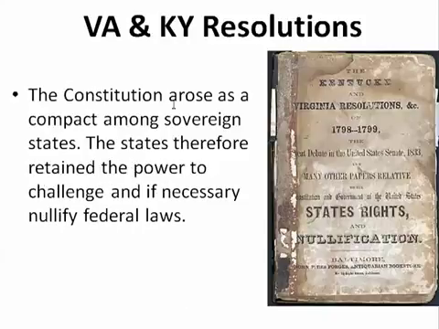The Constitution arose as a compact among sovereign states, so the states retain the power to challenge and, if necessary, nullify federal laws. What they were saying here, the whole thesis here, is that the states created the Constitution. The states existed first, so they have the power to say we don't have to enforce a federal law if we think it's unconstitutional.